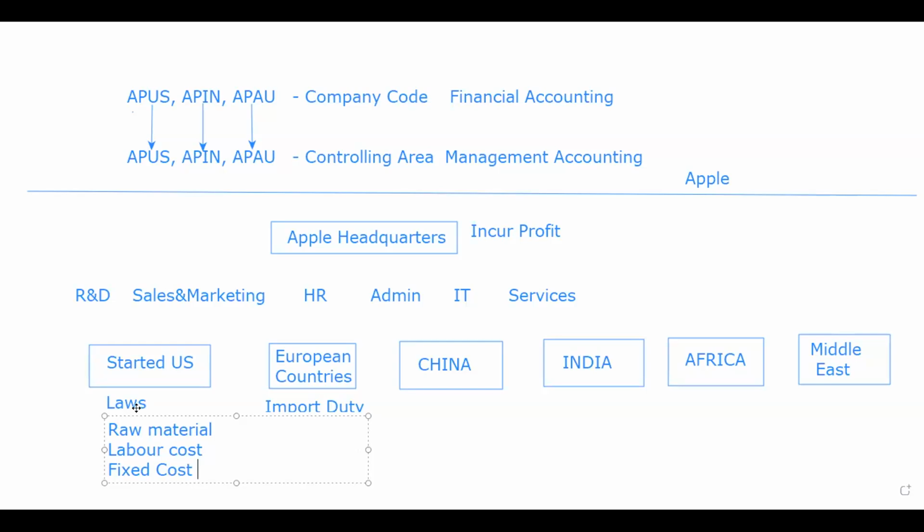So all these things will impact the price of the product. So the price of the product changes from country to country, place to place, and location to location. Sometimes within a single country, you will have different districts or states where each state will have a separate law. Sometimes the price of the product also will change from state to state.